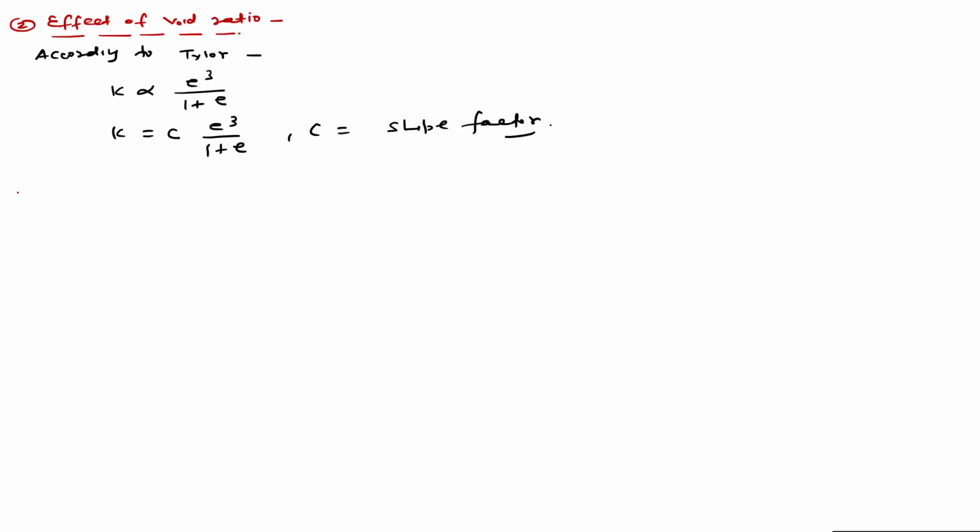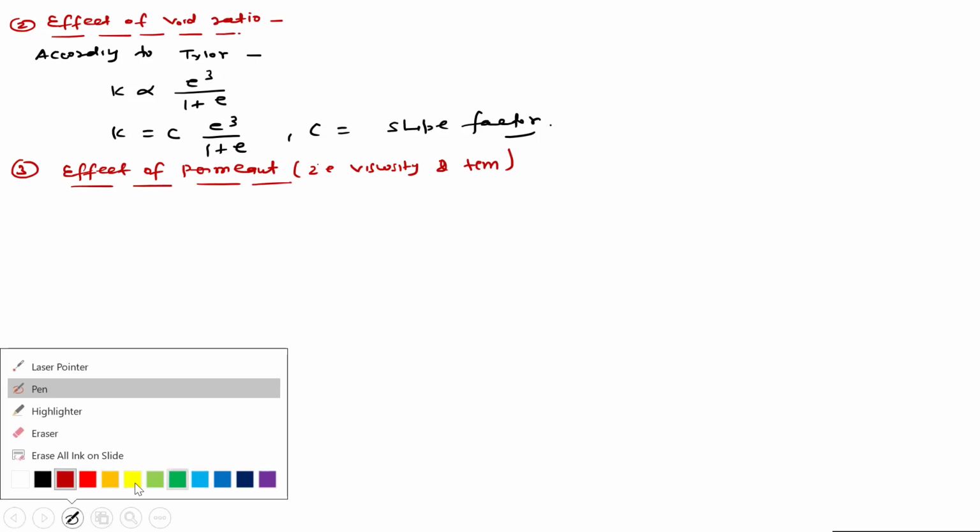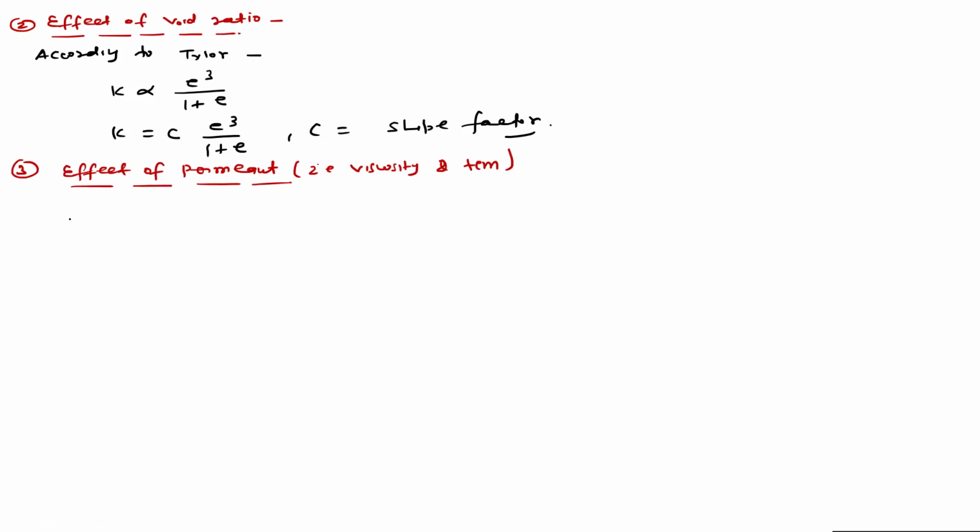Now third is the effect of permeant, that is viscosity and temperature. In this case, K is directly proportional to gamma upon mu.